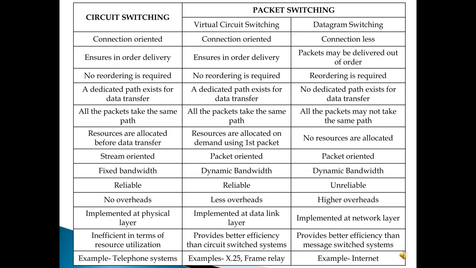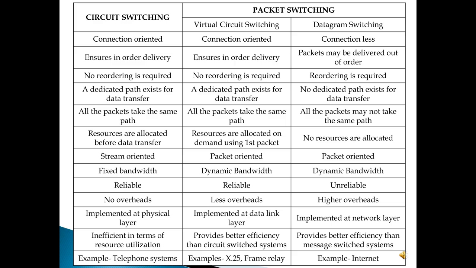Resources are allocated before data transfer. Stream oriented, fixed bandwidth, reliable, no overload, no overheads, implemented at physical layer, inefficient in terms of resource utilization, and the best example for circuit switching is the telephone system.